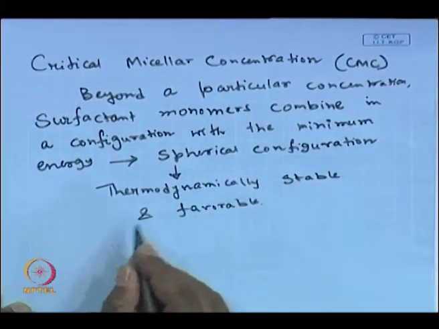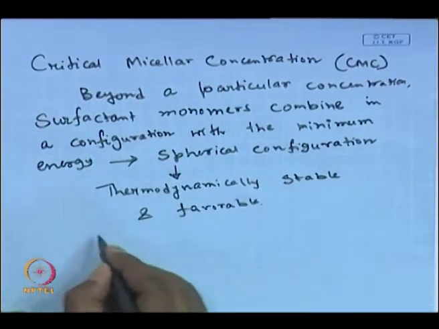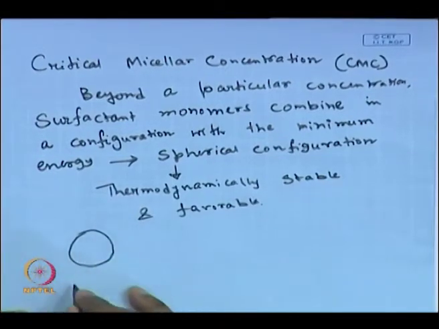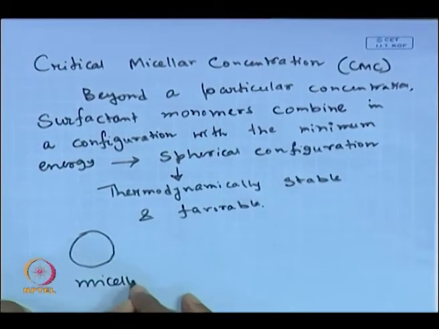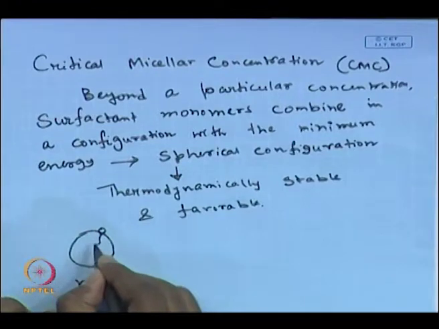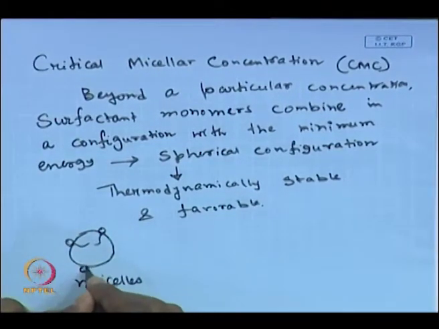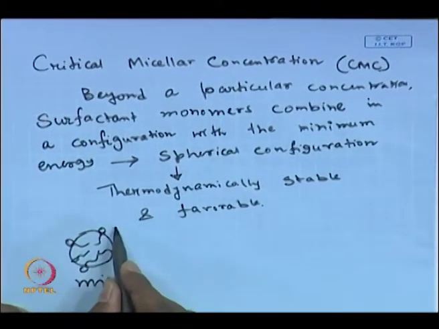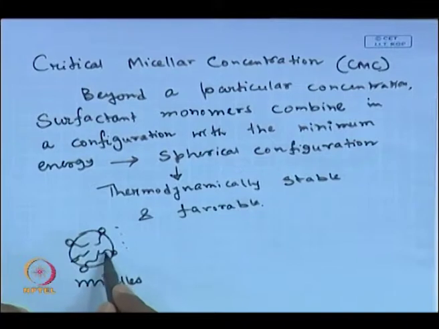Now, these globules are known as the micelles. In these micelles, the hydrophilic head will be pointing towards the aqueous phase, and the hydrophobic tail will be pointing towards the core of the micelle.